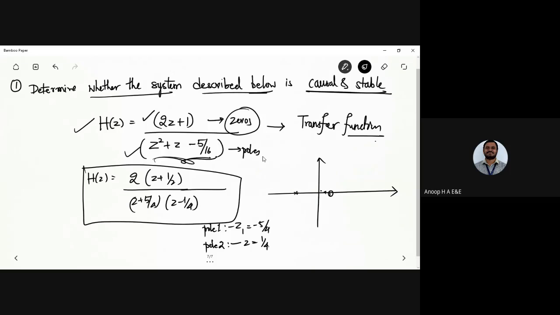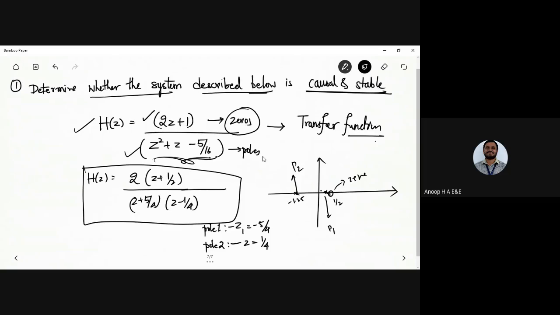Now, whether to call this a stable system or not. The location of the poles is clear, so just plot it. I plotted minus 1.25 here, and the zero here. This one is the zero, this one is pole 1, and this one is pole 2.